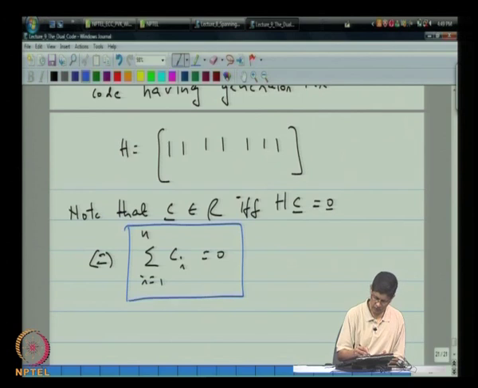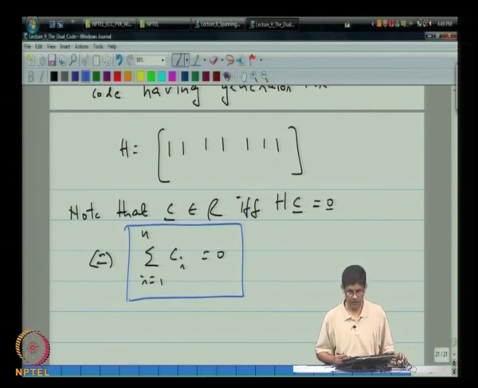So, what this matrix is actually doing is laying down the parity check condition satisfied by all the code words in the single parity check code.